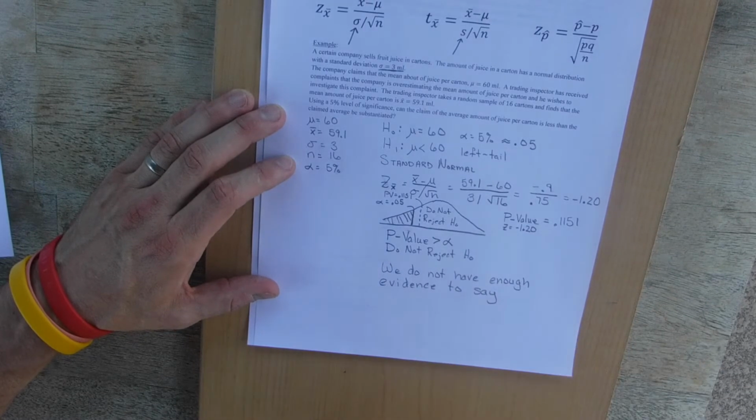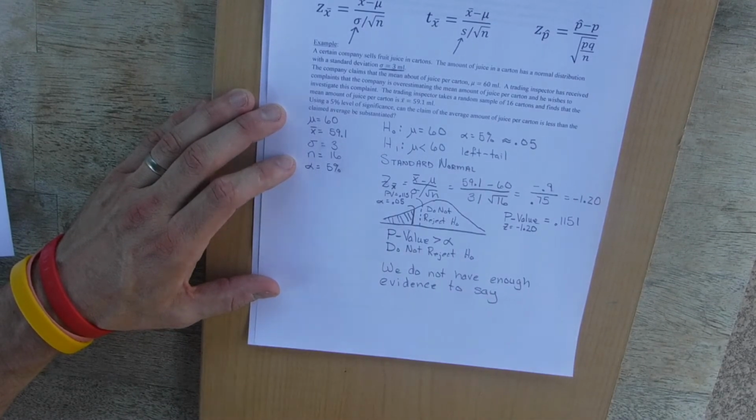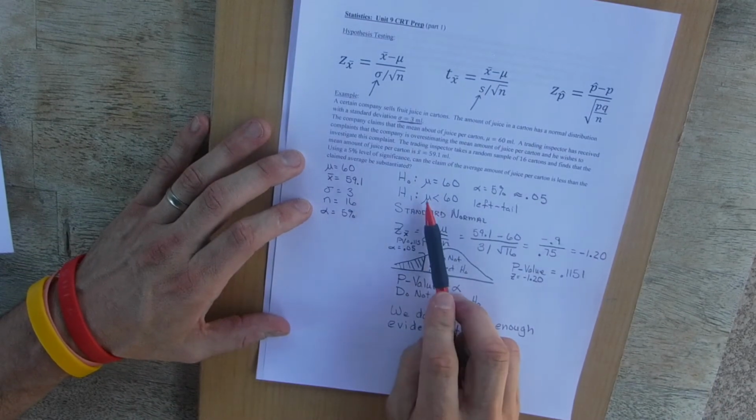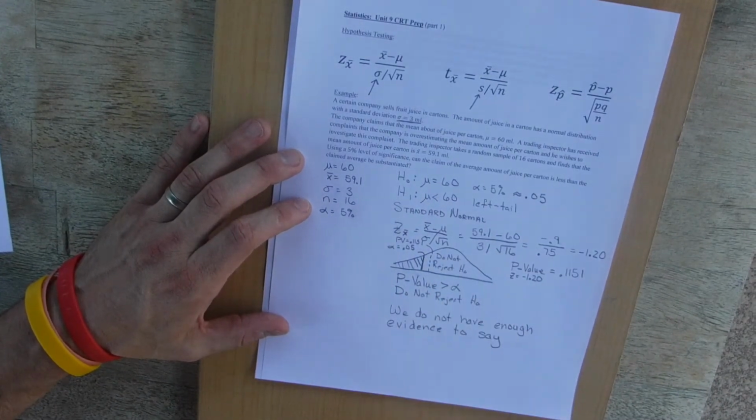What do we not have enough evidence to say? We do not have enough evidence to say H1. So H1 in a nutshell is the average is less than 60.